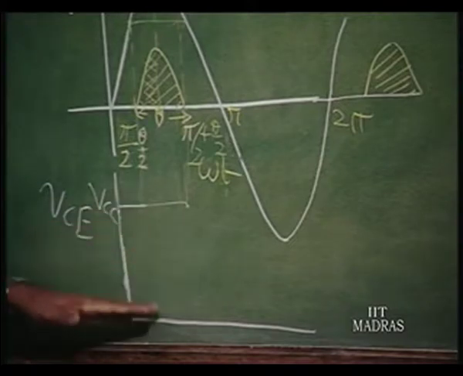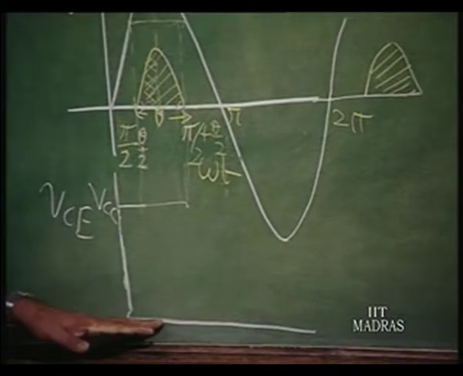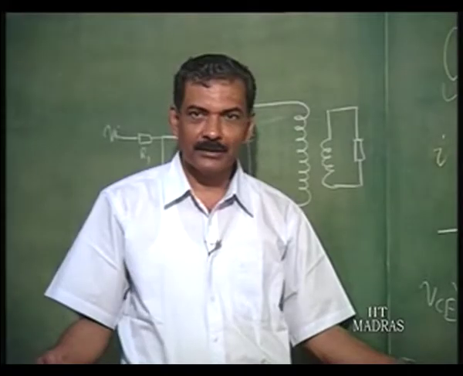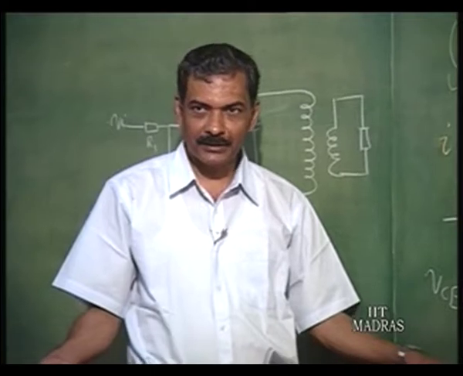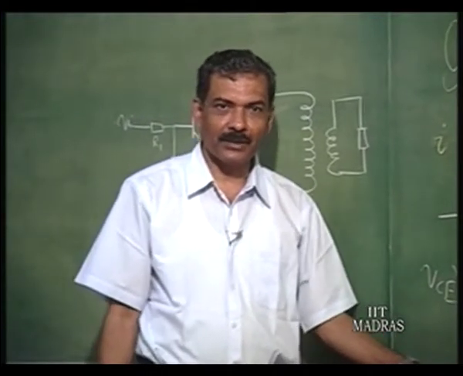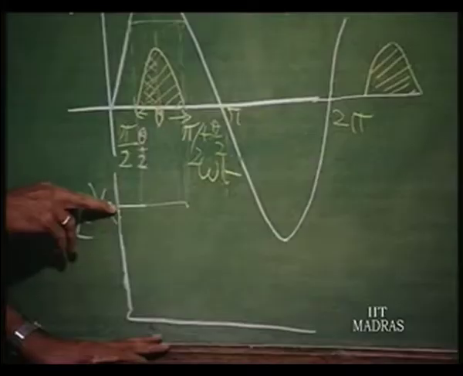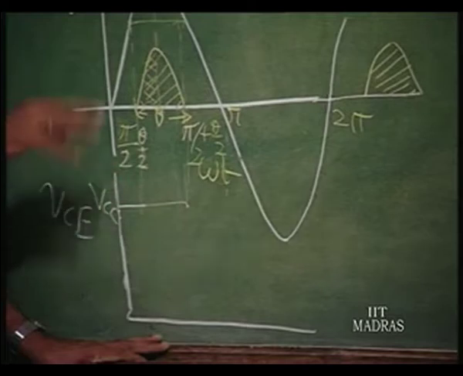It is capable of generating that much value of the peak voltage. So, we will assume that it is almost VCC itself. Rest of the harmonics are not capable of generating any voltage because LC circuits actually suppress all the harmonics. Therefore, we will have a voltage which is VCC minus Vp sin omega t, which is VCC sin omega t.